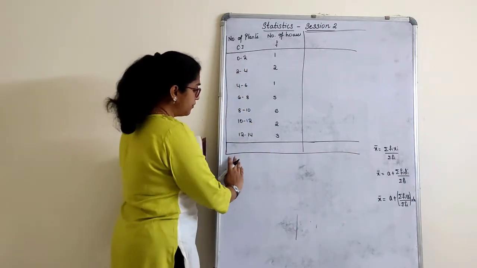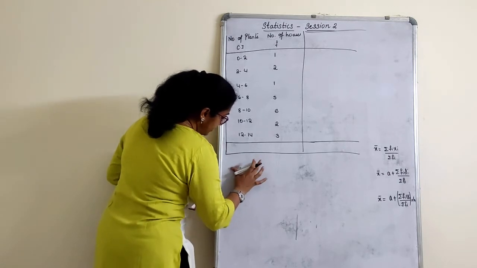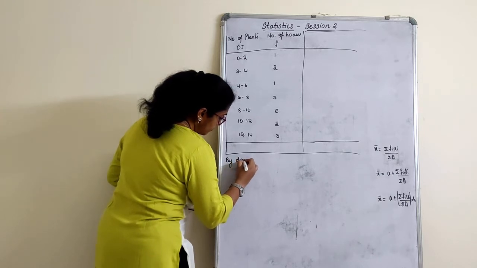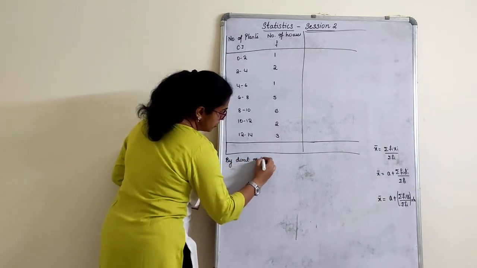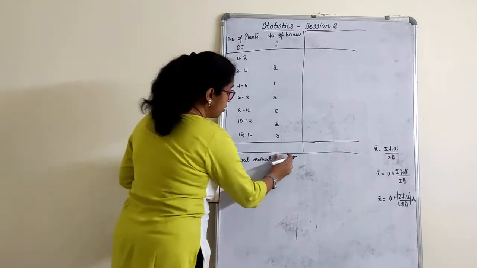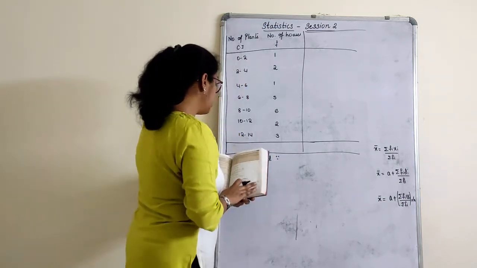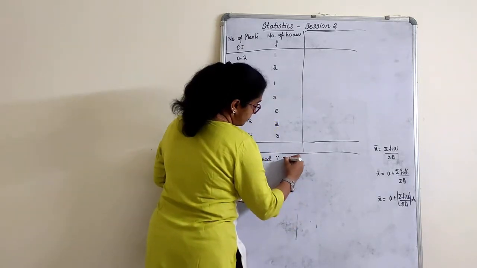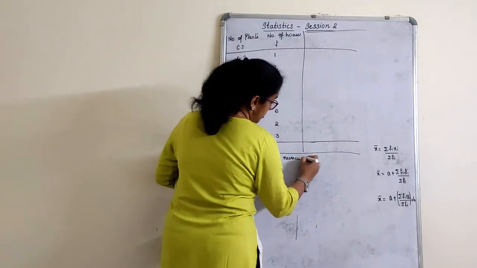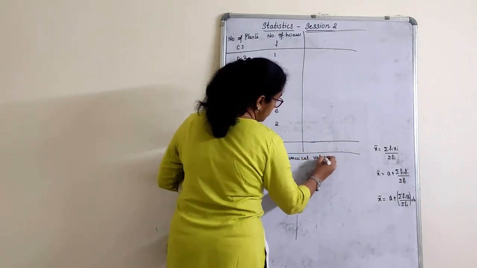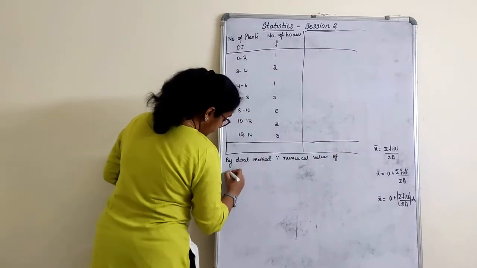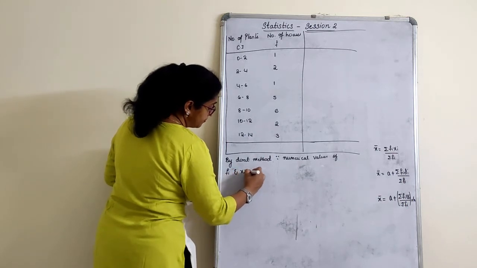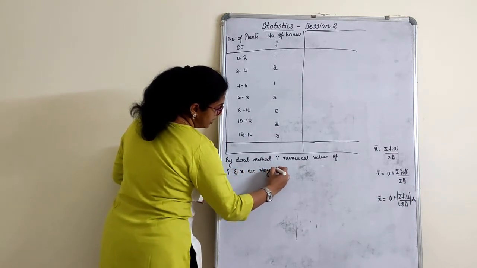I will write: mean by direct method, and the reason also we will give here, because the numerical values of fi, and I have to find the midpoint xi, are very small.